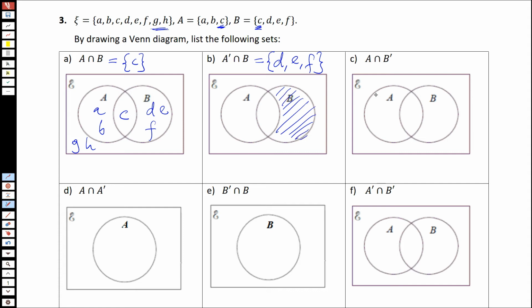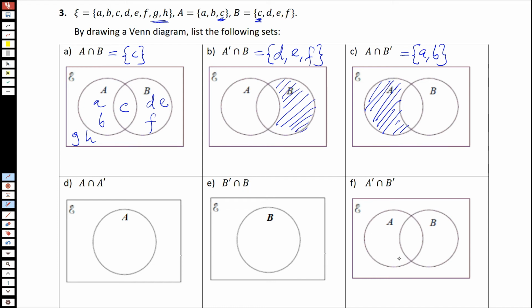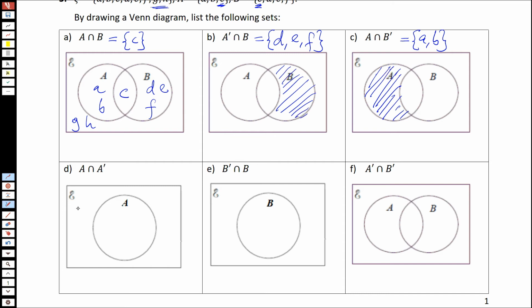And then moving on, here we have just A. So just A will be represented by this region here. And the elements in that region will be A and B. And then in part D, we have A and not A. So here we want the common elements in A and not A. Of course, A will be this, but not A will be outside.